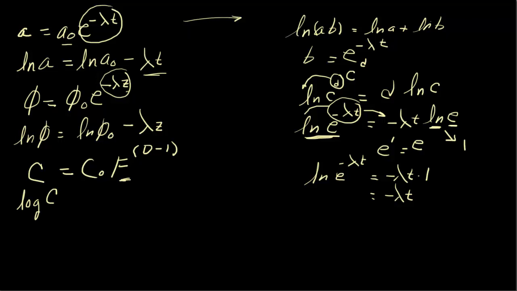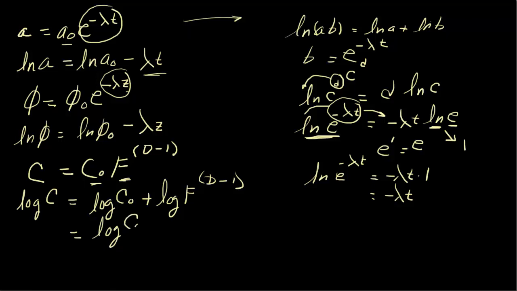F is actually a variable in this case. When we're taking the log, we've got the log of a product of two numbers. So we've got the log of C0 plus the log of F to the D minus 1 power. Then we just apply our rules. We've got the log of C0 plus, and then we bring down the exponent, D minus 1, and then we've got the log of F.